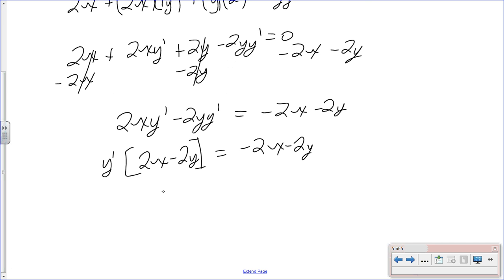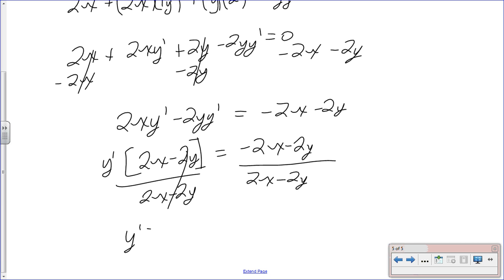So that's y prime times 2x minus 2y equals negative 2x minus 2y. Now divide by 2x minus 2y on both sides. Oops, it's supposed to be positive. I'm going to move that bar up too. So y prime equals negative 2x minus 2y over 2x minus 2y.